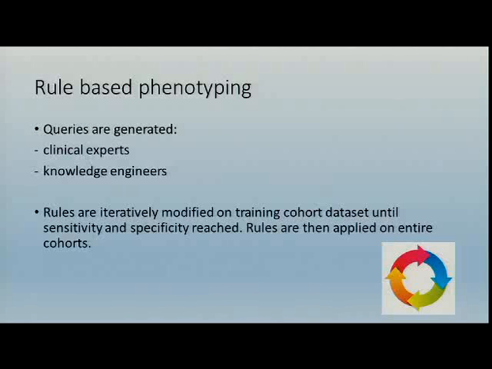It's just data stored in a database. The process of the generation of the rules and then testing them is an iterative process where you keep working on your training data set until you reach a certain specificity and sensitivity, and then you apply it on a testing data set before you apply it on the whole cohort or other populations.